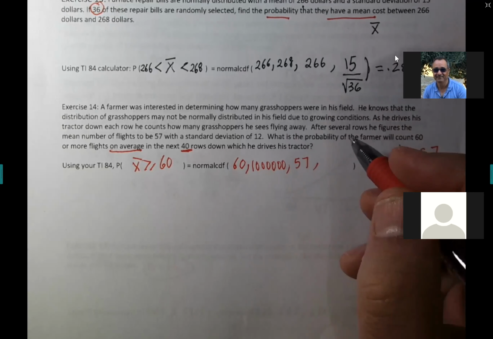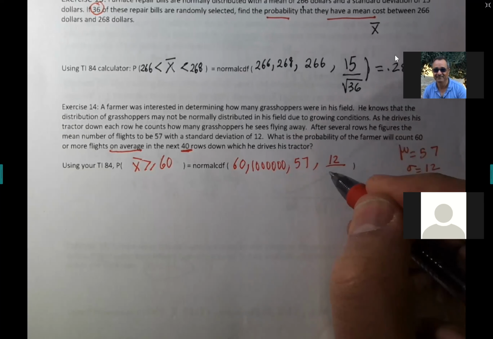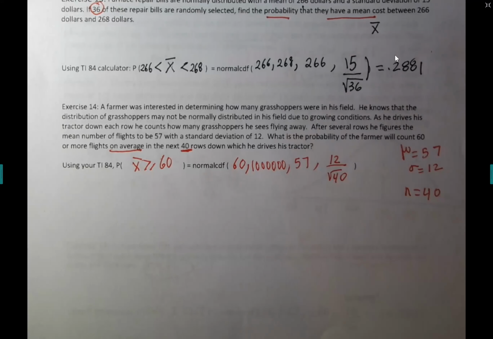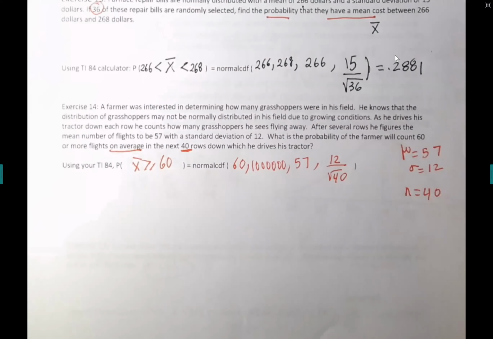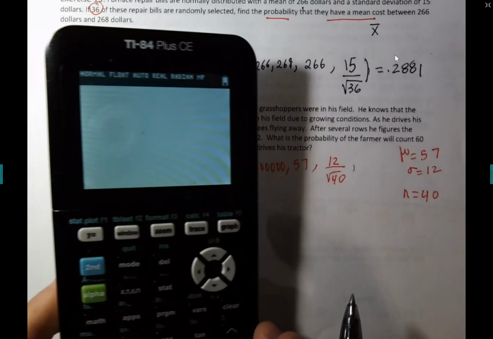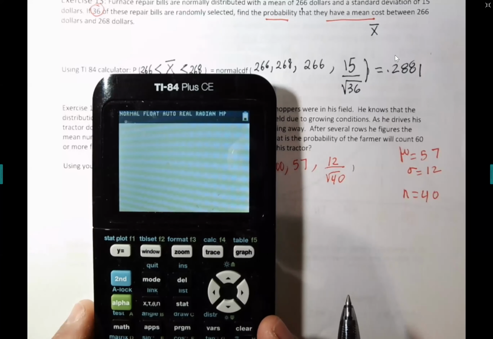It's not sigma, it's sigma over square root of n. So it would be 12 divided by square root of 40. And that's the only difference between this section and the previous sections.